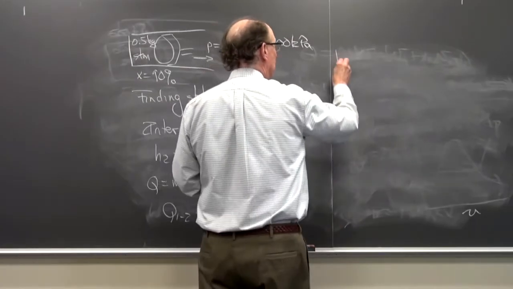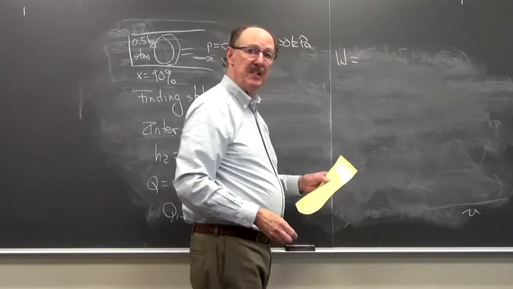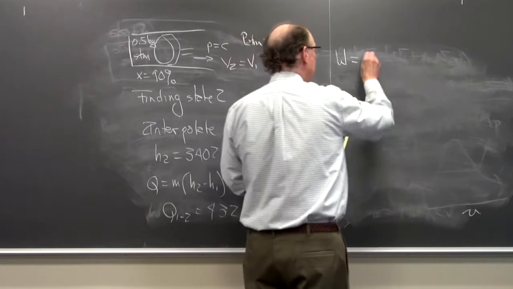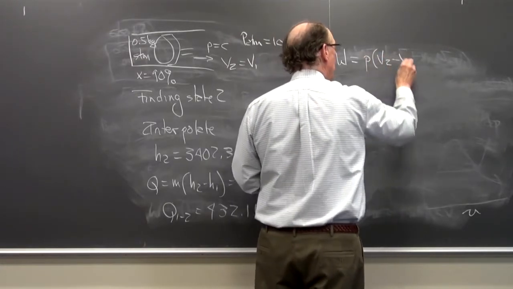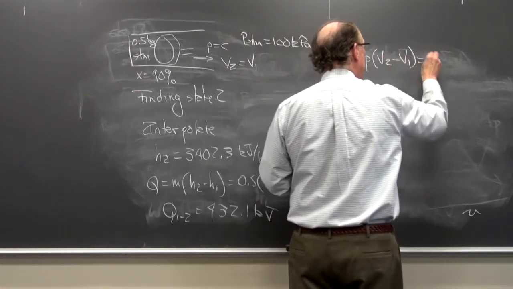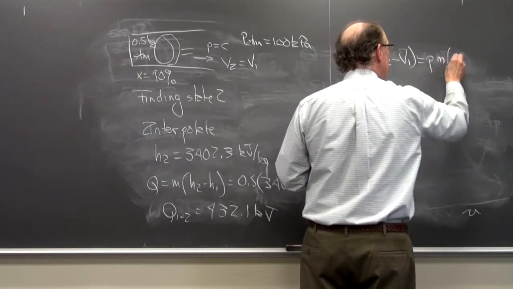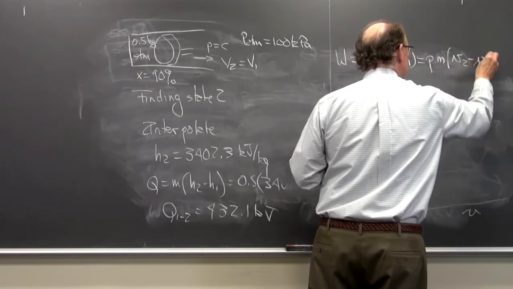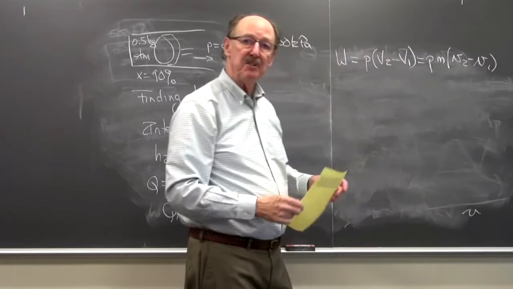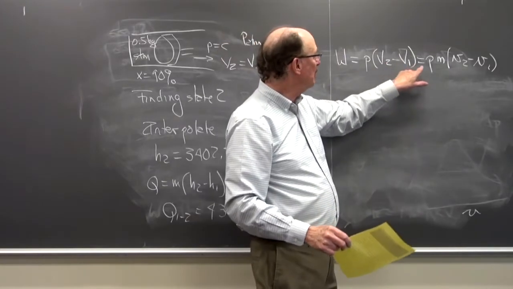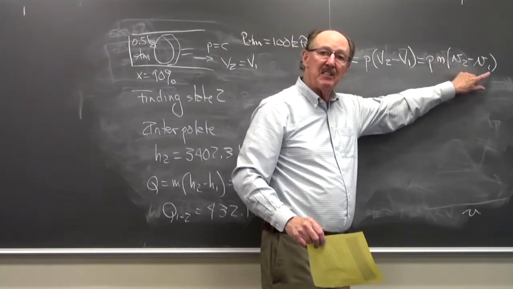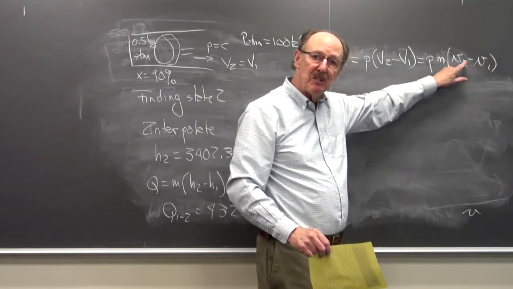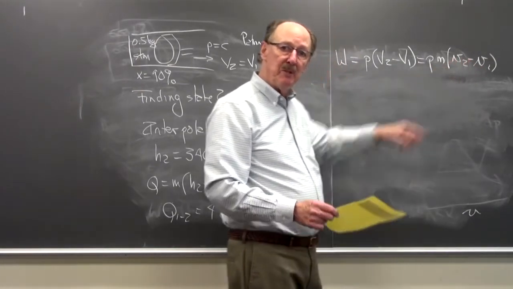Now let's find the work, and then we'll find the work against the surroundings. So the work is equal to P times V2 minus V1, which is equal to P times the mass times specific volume 2 minus specific volume 1. In this case, we're using the total volume, but we're recognizing that the properties we find in the tables are specific volume, and we're going to be using that.